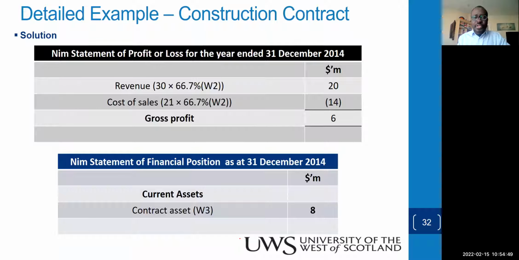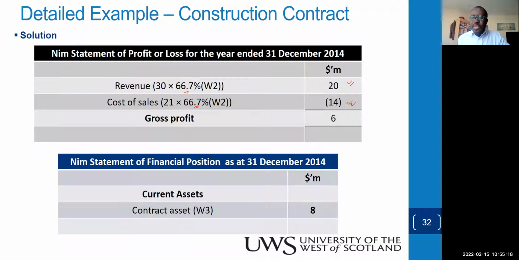So in the statement of profit and loss, your total revenue is 30 million. That's what I'm expecting at the end of the day. But as at now, I can only recognize 66.7% of it, that is 20. My cost of sales, the total cost I would incur, the 14 plus 7 overall, I've only finished 66.7, so I can only recognize 14.